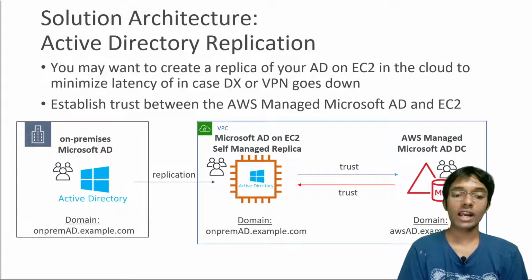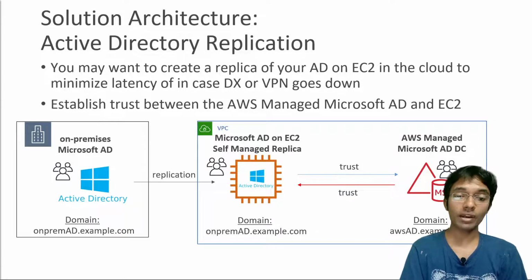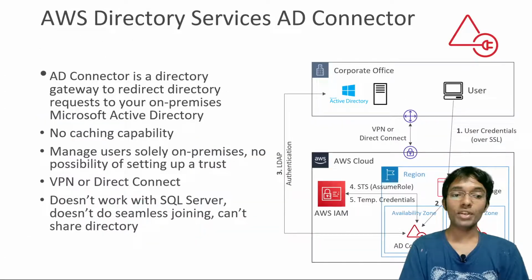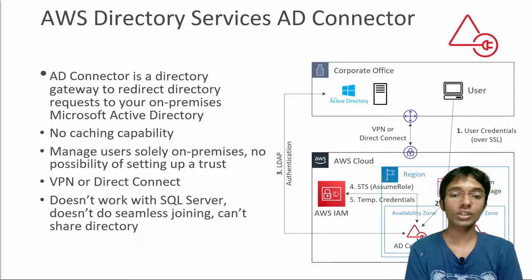Okay, so that's all for the AWS Managed Microsoft AD. Now we have AD Connector, which is much simpler. It's going to be a gateway, a proxy to redirect your requests to your on-premise Microsoft Active Directory. There's no caching capability, so the users are solely managed on-premise.